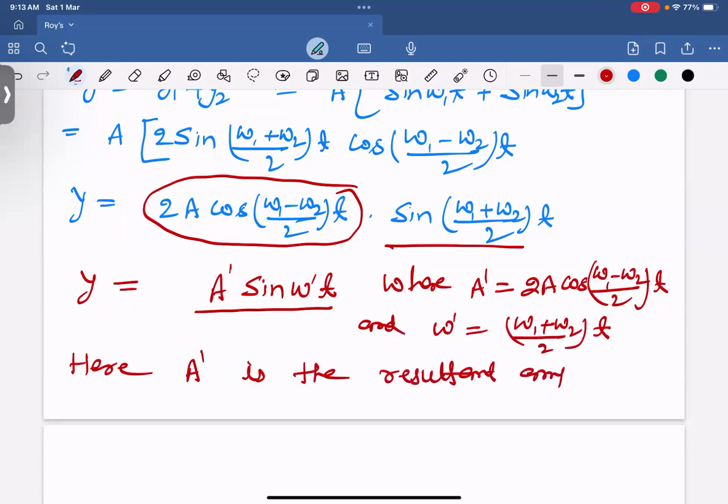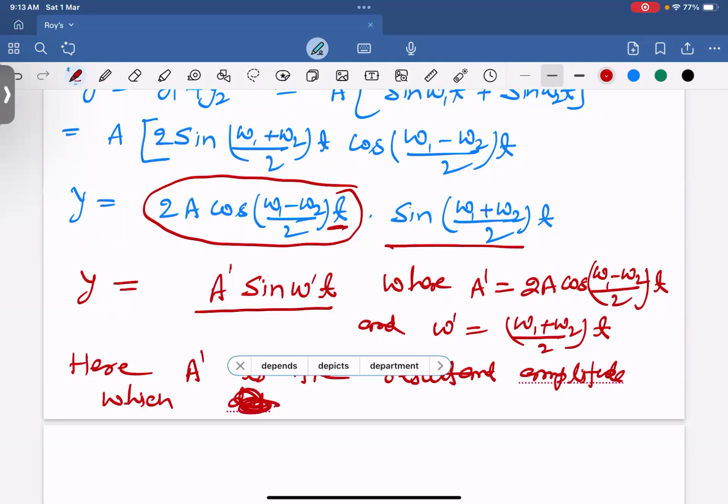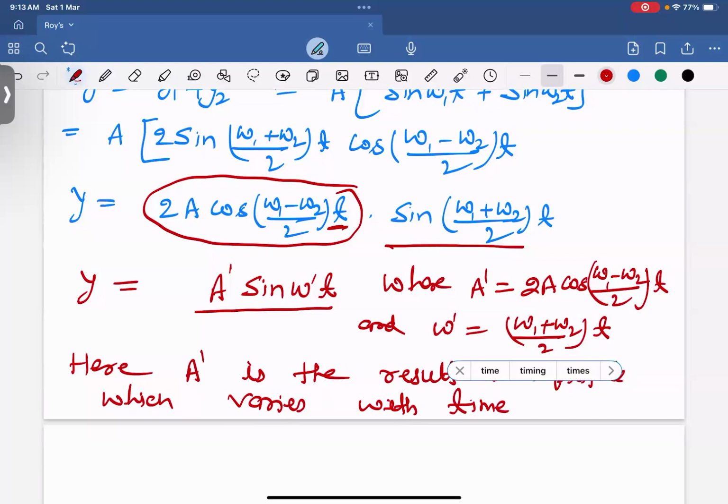Resultant amplitude, and this is not constant. As you can see, it depends upon time. So we can say that it varies with time at any point, at any position.